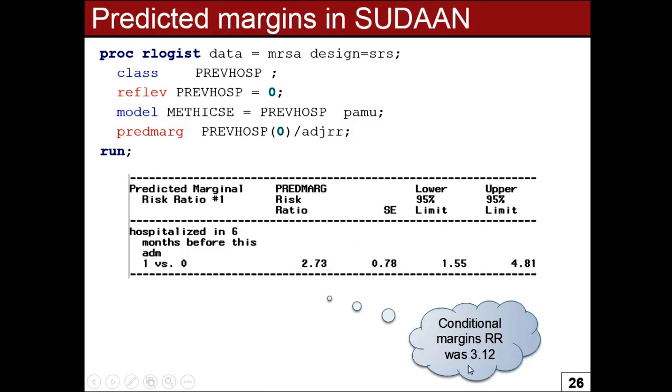This one had that weird assumption, which is that you're plugging in average people that don't exist. This is actually the same idea, but in reverse. In the conditional margins, you compute the average first and plug it in and see what you get. This has weirdness to it. This is the average value if you don't plug it in, if you plug in the actual observed values of zeros and ones. So it's whether you take the average of the V's first or compute many risk ratios and then take the average after.